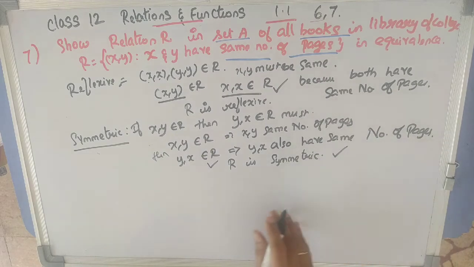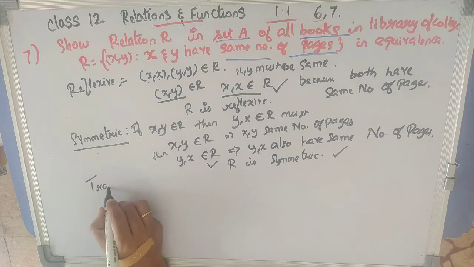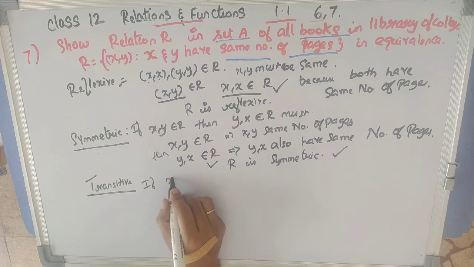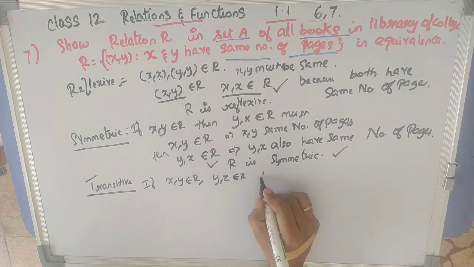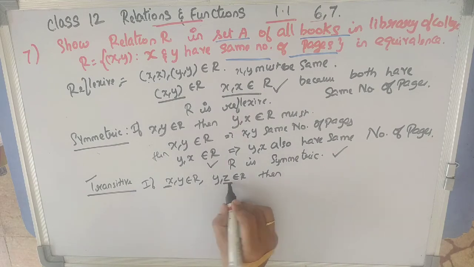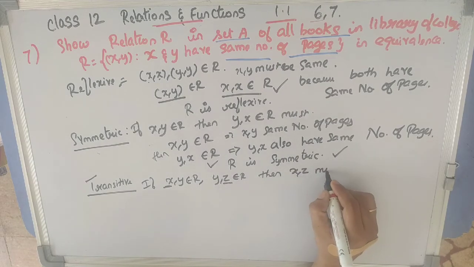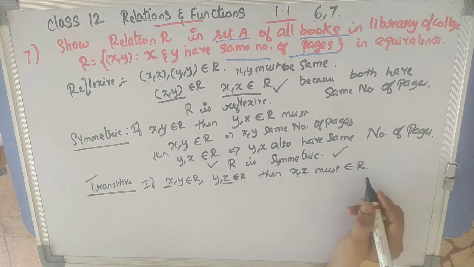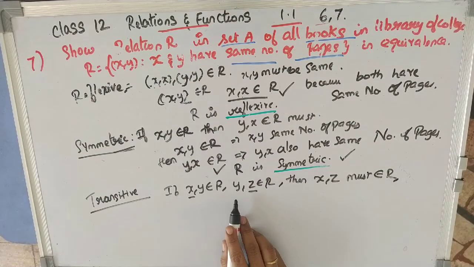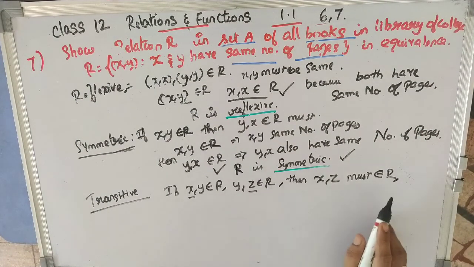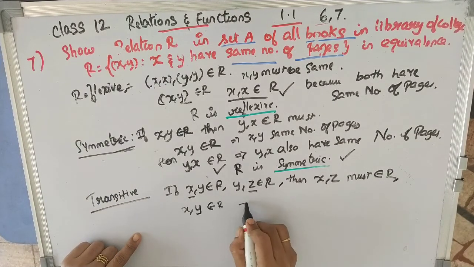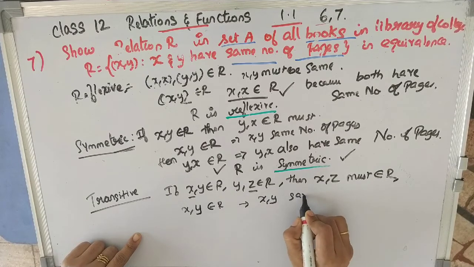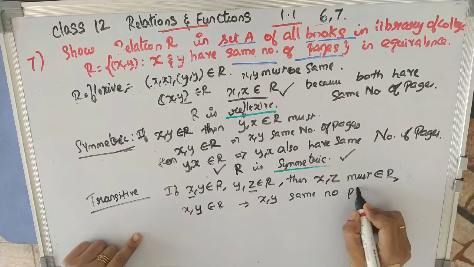Now let's check whether the relation is transitive or not. Do you remember what a transitive relation is? Let me explain again. If (X, Y) is an element of R and (Y, Z) is an element of R, then (X, Z) must also be an element of R for the relation to be transitive. Clear? So, in this case, if (X, Y) is an element of R, what is the meaning of that? X and Y are books that have the same number of pages, isn't it?